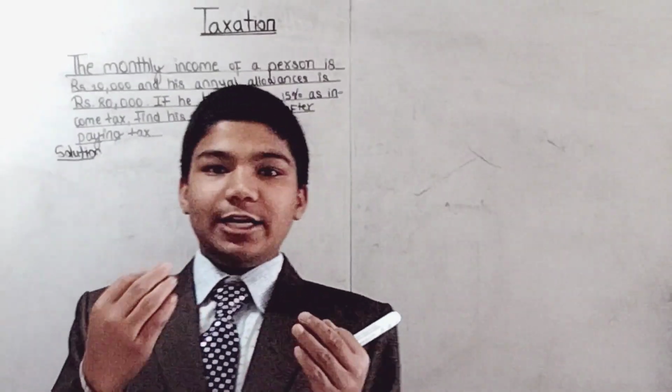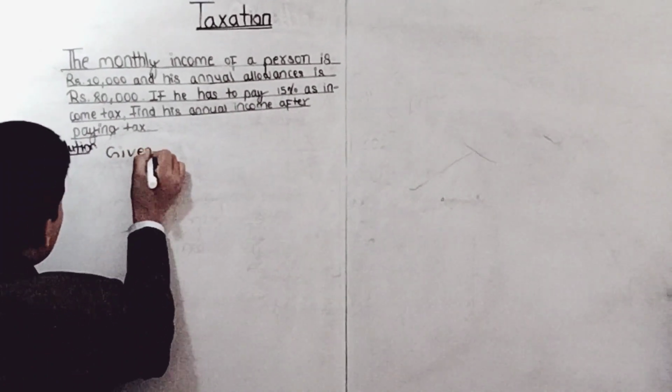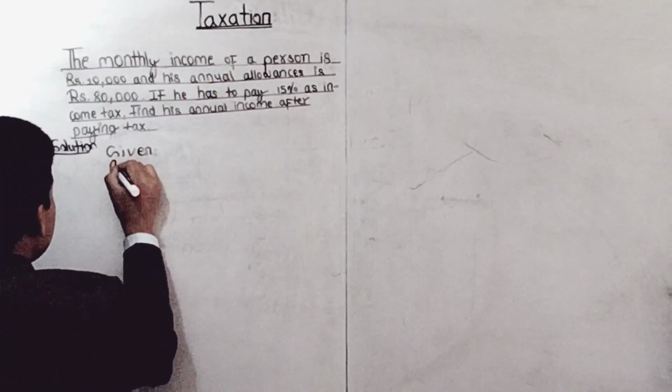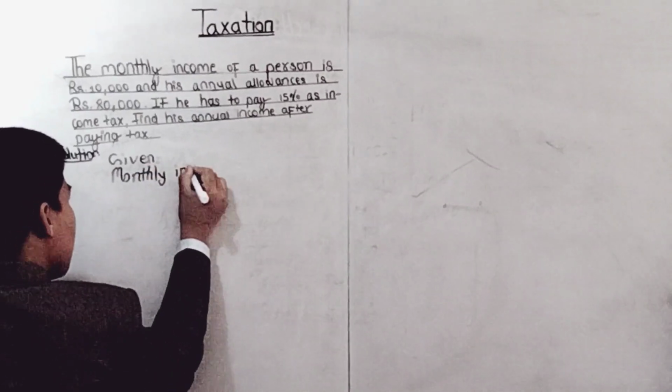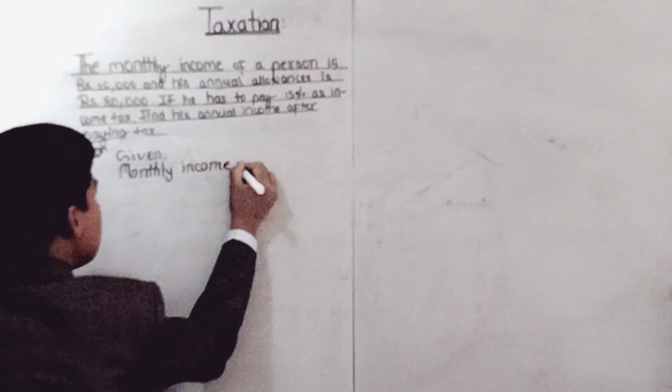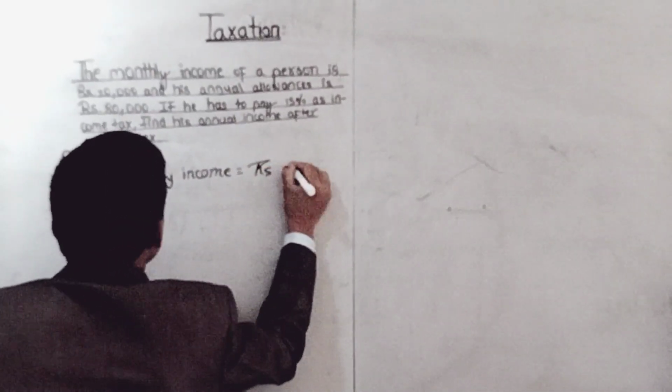For that we have to write, first of all, the given things. So given, first of all, monthly income is given. So monthly income is equal to rupees 10,000.